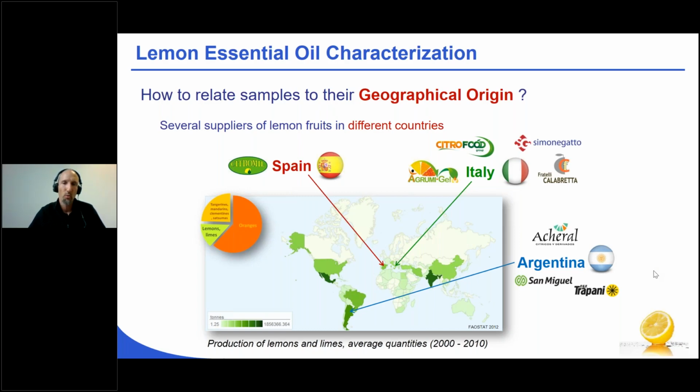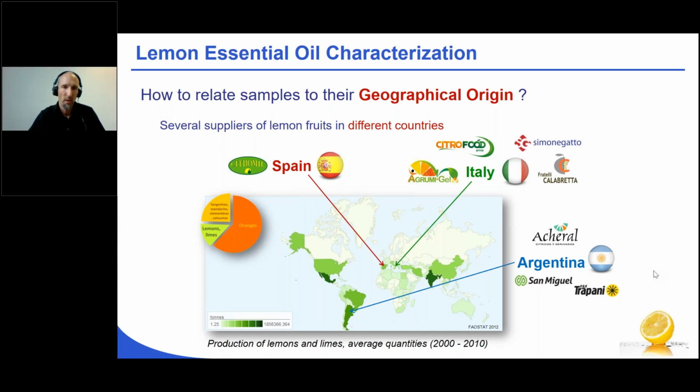Obviously, their question was related to the influence of the geographical origin and of the cultivars that were actually used, to assess whether these differences may lead to composition differences in the end when it comes to the lemon essential oil. So this was the first question. What was the effect of the geographical origin?